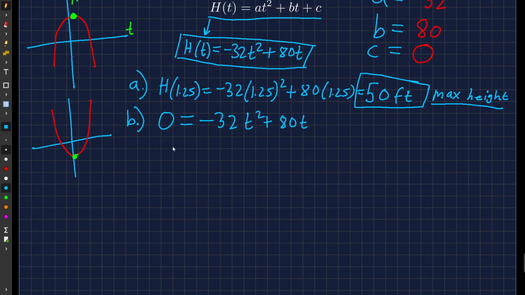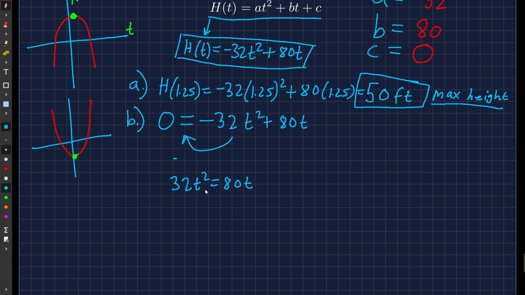One way we can approach this is by moving the 32t squared term to the other side, and this will become positive. So 32t squared equals 80t. One way we can approach this is to cancel out common terms.